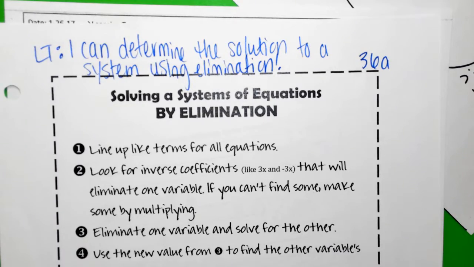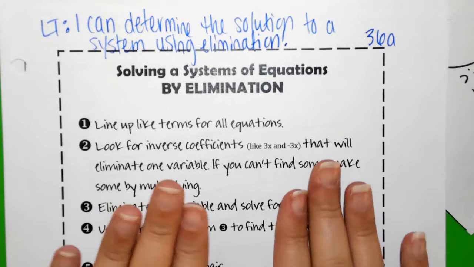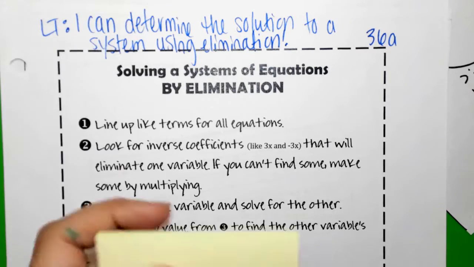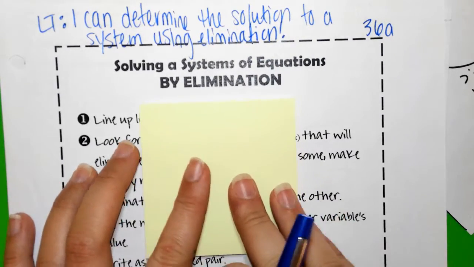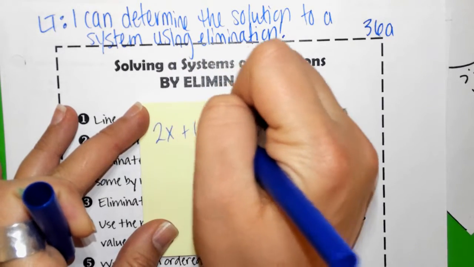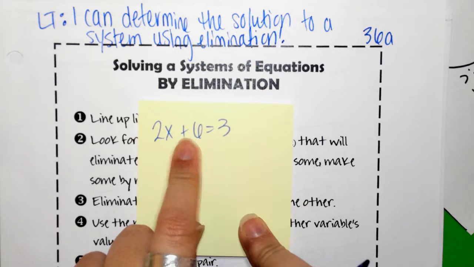What new things have you learned this year? All right, so elimination means that we're going to take out. So when we eliminate a variable from one side to the other, like if I have, for example, 2x plus 6 equals 3, and I want to eliminate this 6 with the x, what do I do?